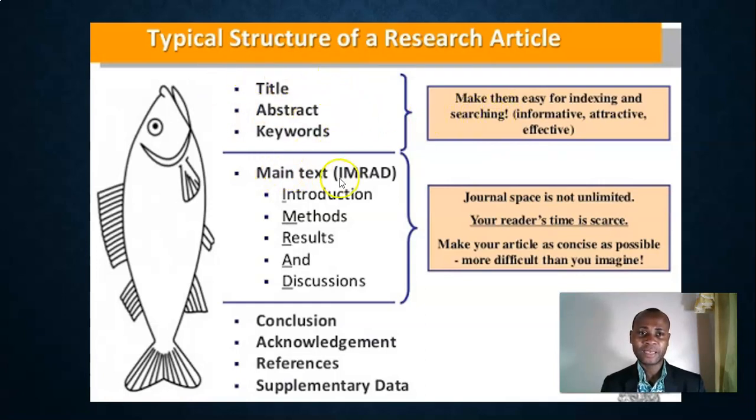Then we come to the main text or the body, which is also the IMRAD: introduction, method, results, and discussion. Here is what you have to bear in mind. The journal space is not unlimited, and your reader's time is scarce, and therefore make your article as concise as possible. More difficult than you can imagine.